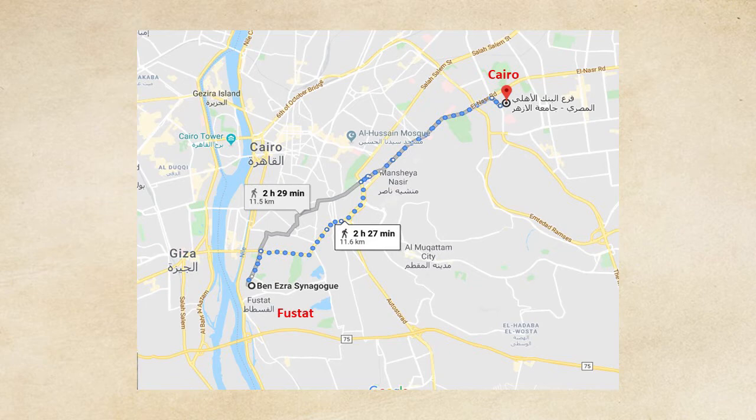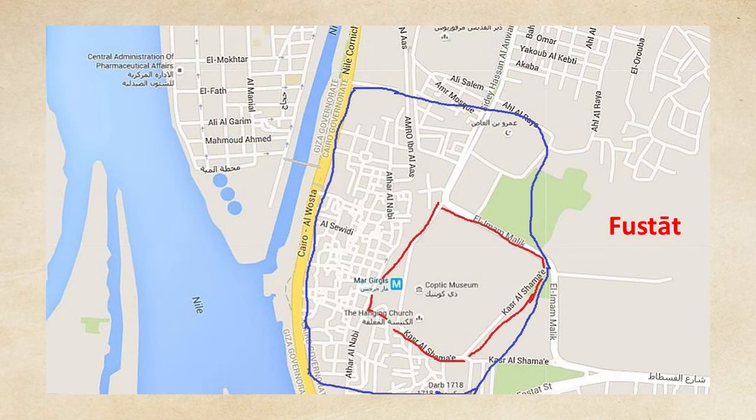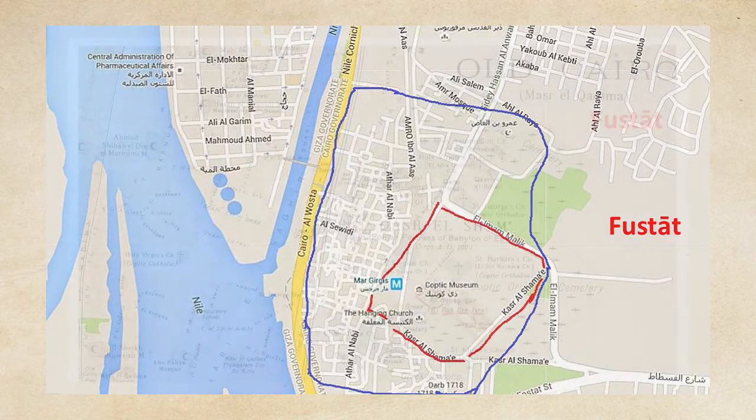Now, if we zoom back on Fustat, here's Fustat. Fustat is the blue line, and the red is the neighborhood. That's the oldest part, and that is where the Jewish community lived. Now I'm zooming into the red part here.